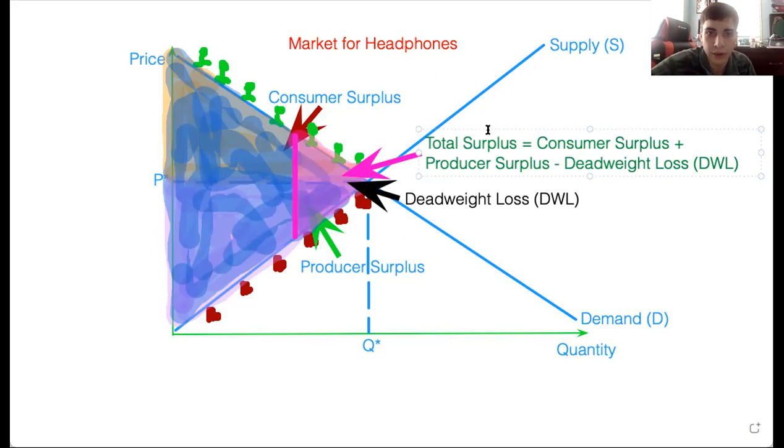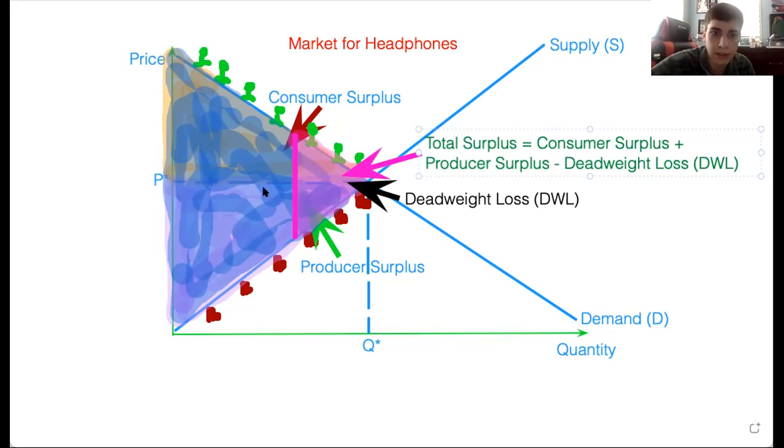But just to debrief, make sure everybody understands, consumer surplus is this area right here. It's above the equilibrium, and on this side of the demand curve. So it includes everything above the equilibrium and on this side of the demand curve.